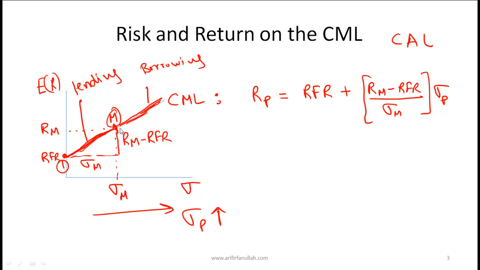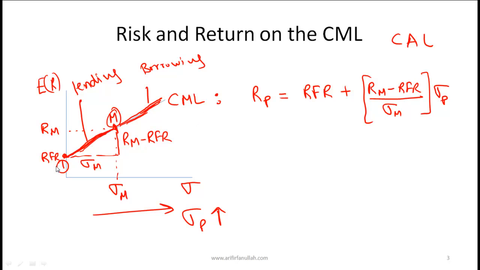Let's say, actually doesn't matter where you are borrowing from, but essentially you are borrowing money and using that borrowed money to invest in the market. So as you can imagine, that's clearly more risky, and that also gives you a higher return. So the points to the right of the market portfolio are referred to as borrowing portfolios.